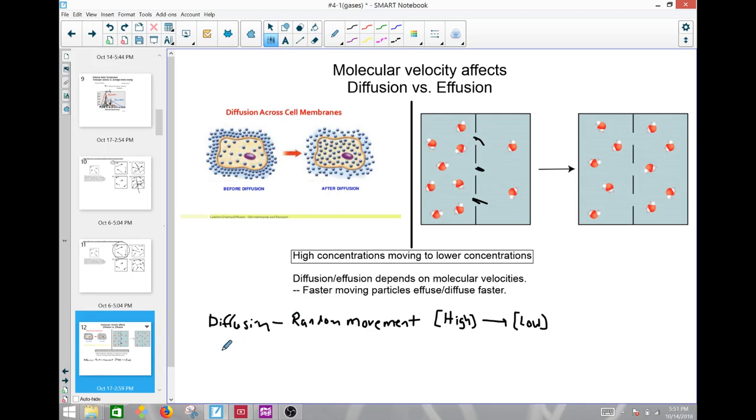Effusion is the same thing through random movement. The only difference is we're going through holes. Things of high concentration move to areas of low concentration. Notice I've got a lot on one side, little on the other, therefore things move across.